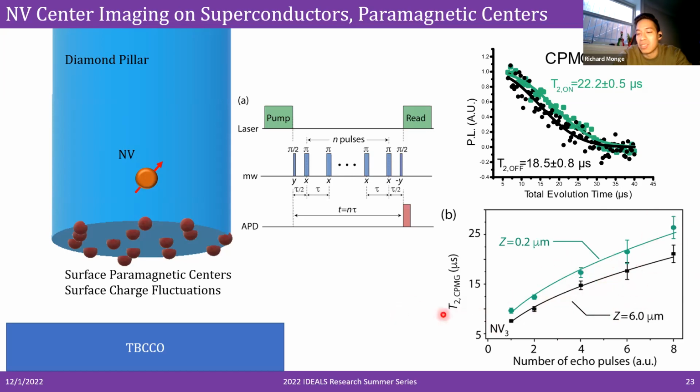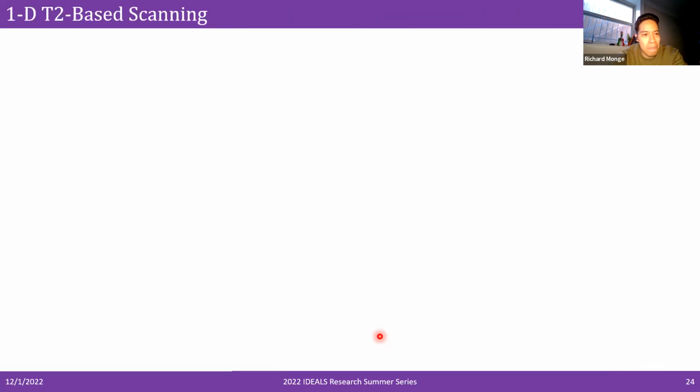So the superconductor is definitely doing something. There is clearly a change that shows the effect the superconductor has on the source of noise, which can come from either magnetic field noise from paramagnetic centers or electric field noise from surface charges. So we will get into that soon.